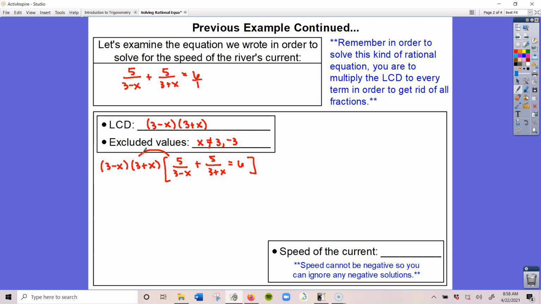So now we distribute. When I distribute the LCD to 5 over 3 minus x, those 3 minus x's would cancel. So the only thing that I would multiply is this 3 plus x with the 5.